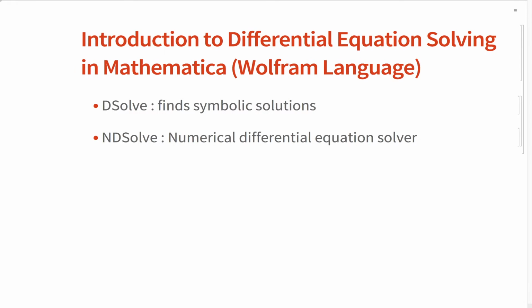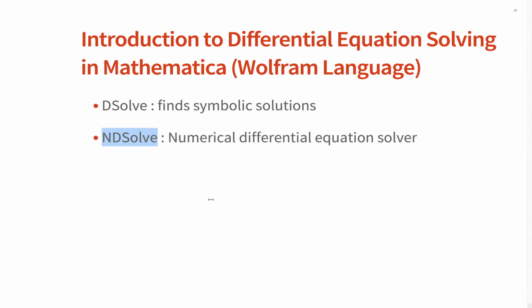So in Wolfram language, there are two main functions. One is called DSolve, which is normally used to find symbolic solutions to your equations. On the other hand, the Wolfram language function NDSolve is a general numerical differential equation solver.